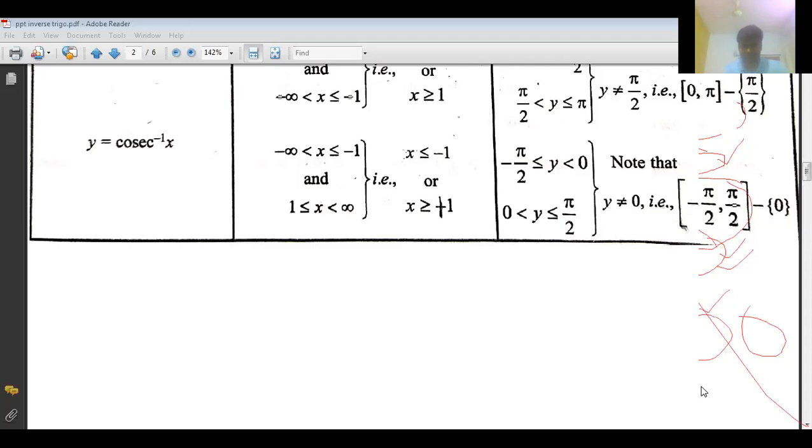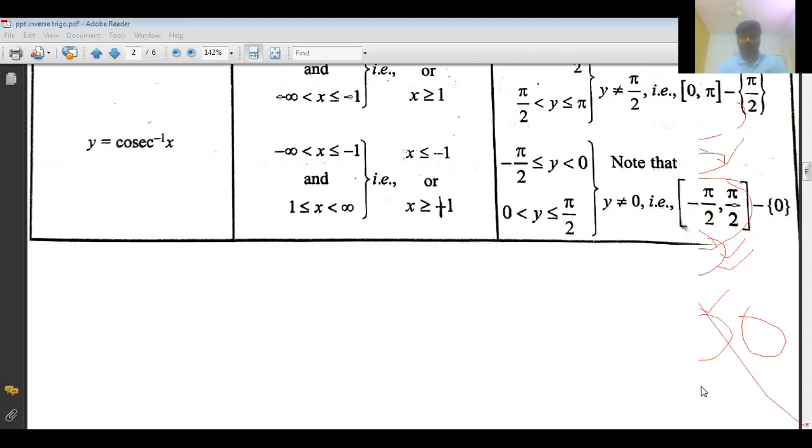Before solving any problem, we have to check whether that resultant angle belongs to its range or not, meaning it's a result or not. That's what we have to check. See here, sine inverse of 1 by root 2. For 1 by root 2, what is the angle? 45.